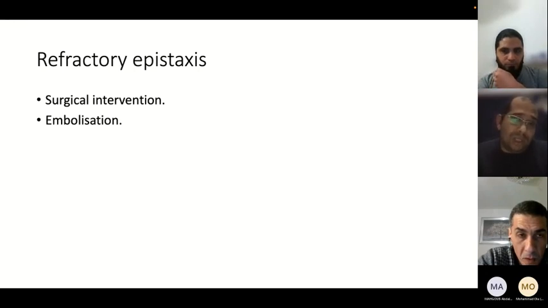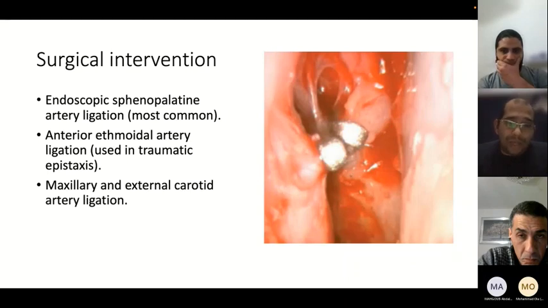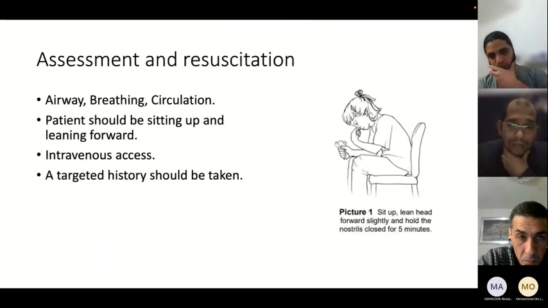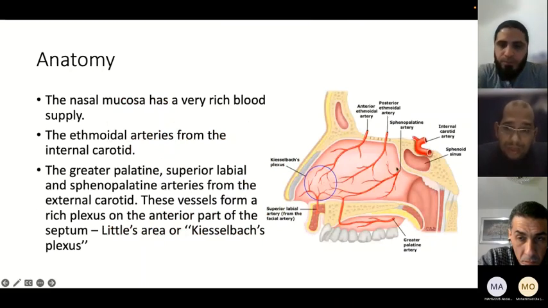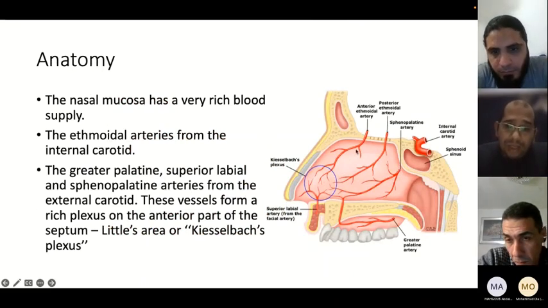These include surgical intervention or embolization. Surgical interventions include taking the patient to the theater to do endoscopic sphenopalatine artery ligation. So as we said here in the first slide, this is the sphenopalatine artery, which is the main artery supplying the nasal mucosa.